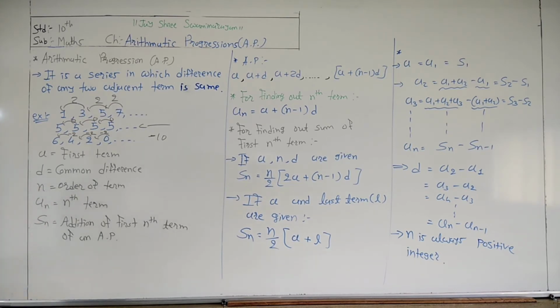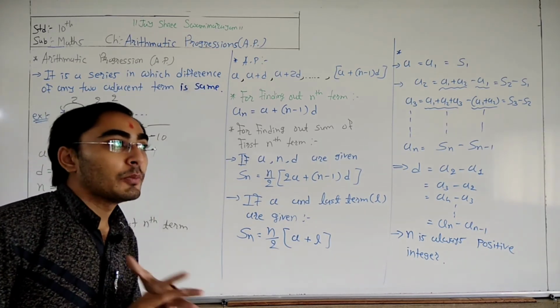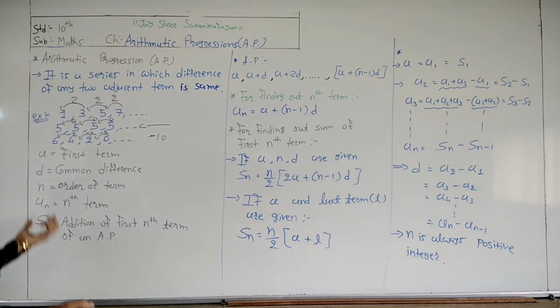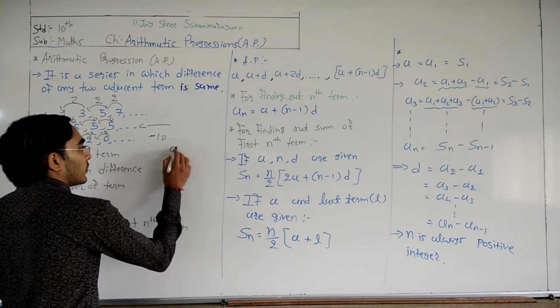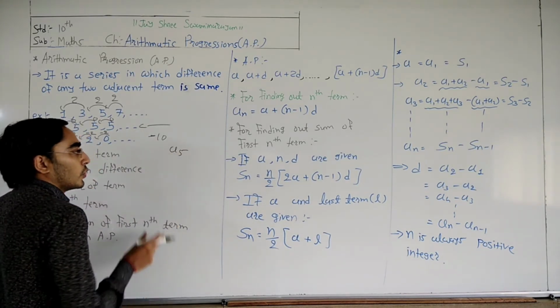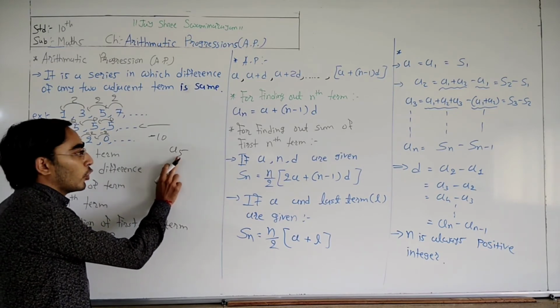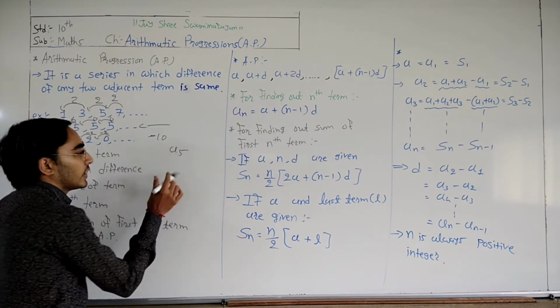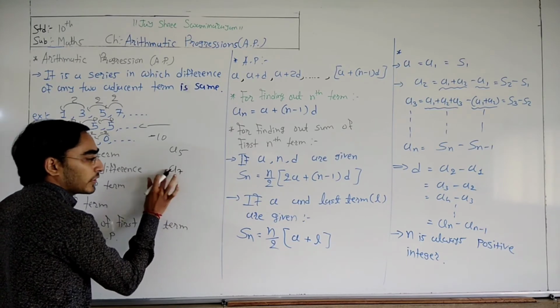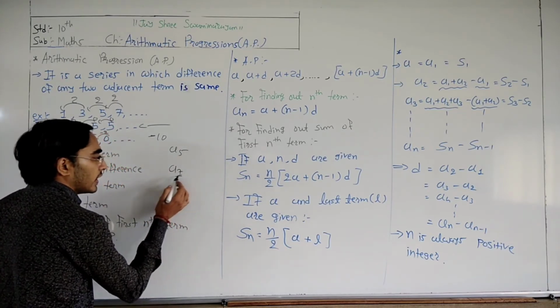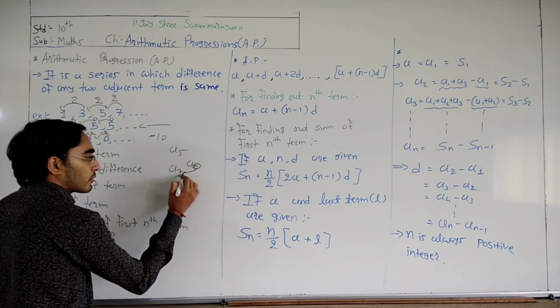Here n is also used for the total number of terms, that is, how many terms are there in total. And an means the nth term. If you want the fifth term, it is represented by a5. 5 represents the order, the fifth term. a7 is the seventh term, so here n is equal to 7. a15 is the 15th term, a30 is the 30th term.